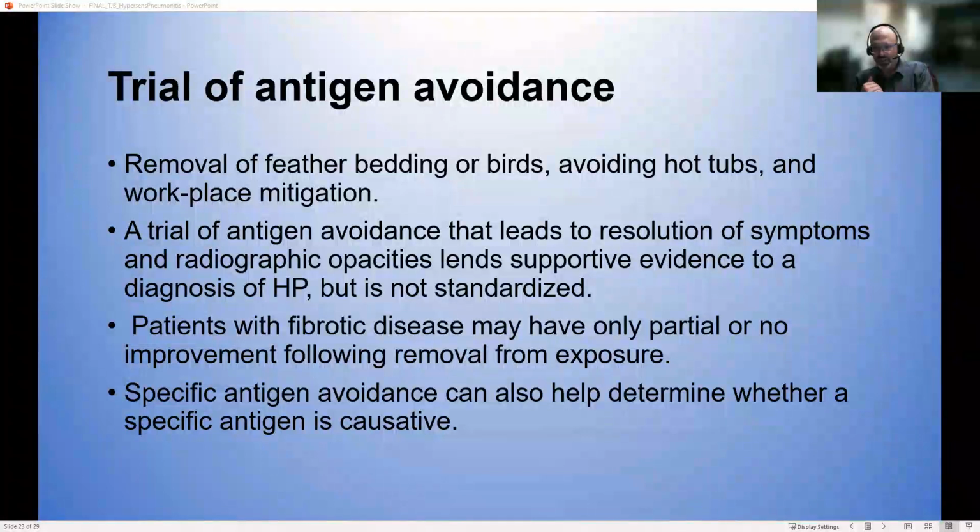Trial of antigen avoidance that leads to resolution of symptoms and radiographic opacities lends supportive evidence to a diagnosis of HP, but is not standardized. A challenge is that if you have fibrotic disease already, you may have only partial or no improvement following removal from the exposure.